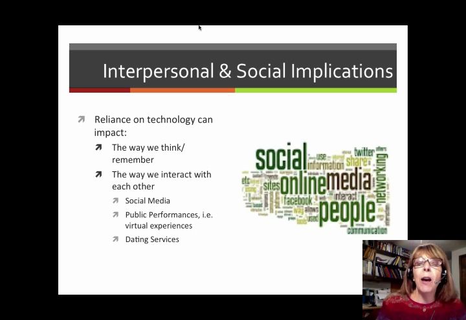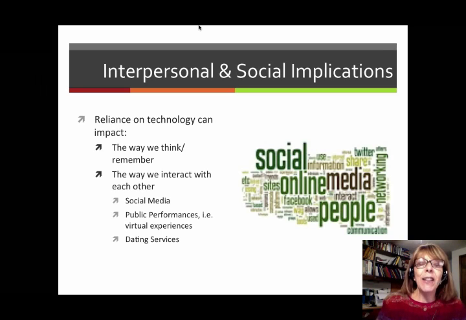Just one impact that has really increased globally in all segments of society, all age groups, religions, lots of different things that have taken hold with that.